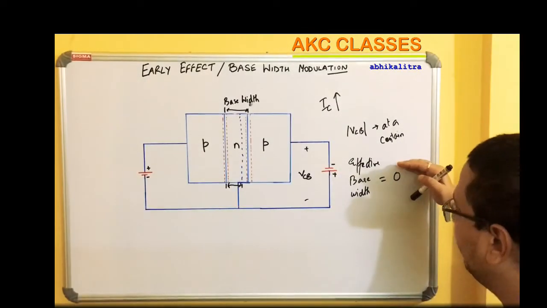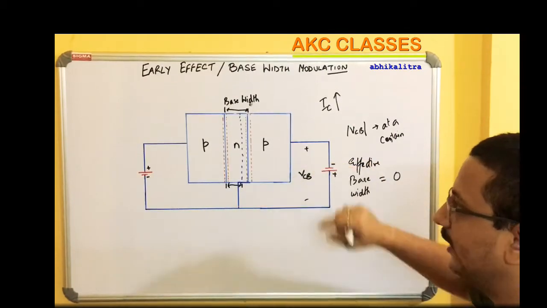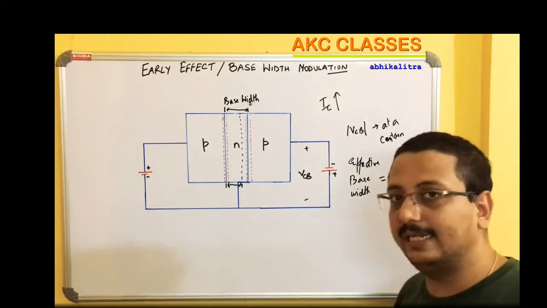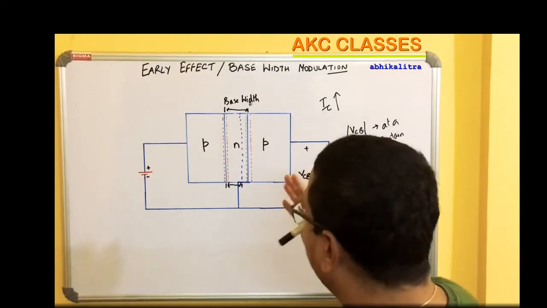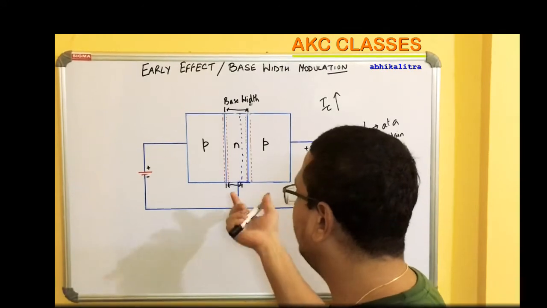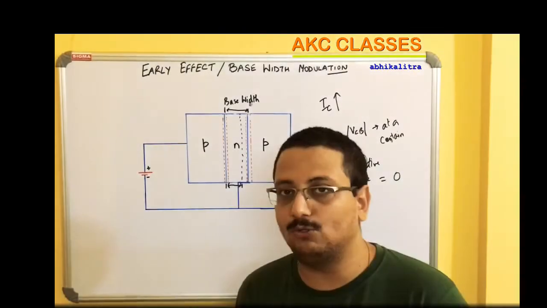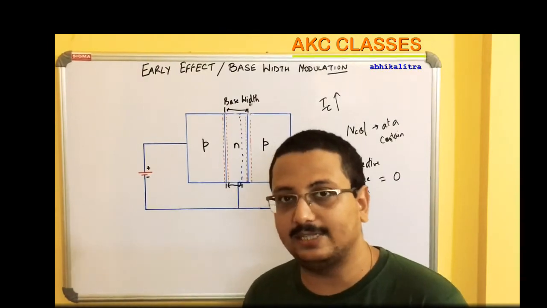An effective base width equal to 0 means this is that amount of collector base voltage which, when increased to that limit, will take the entire base section, and the depletion region will span across the entire base region. There is no base region inside this transistor then, right?